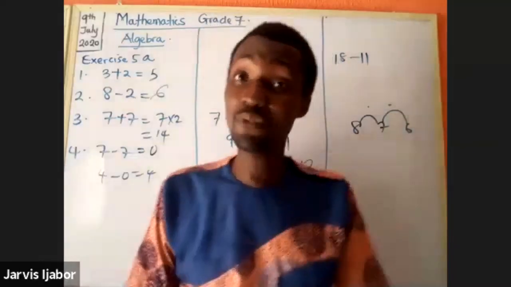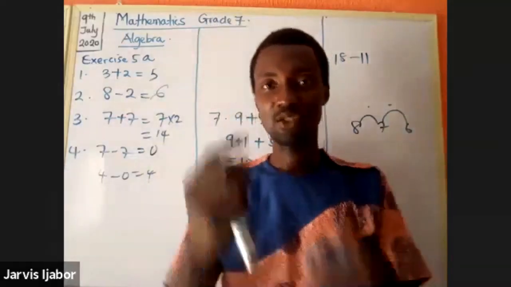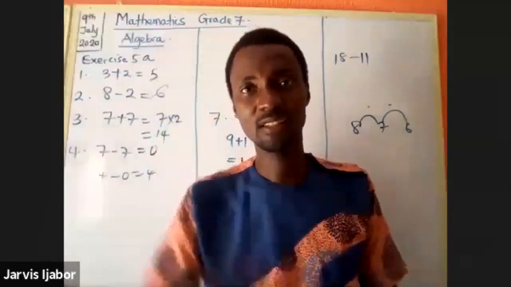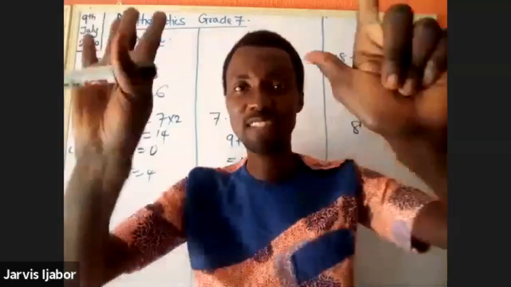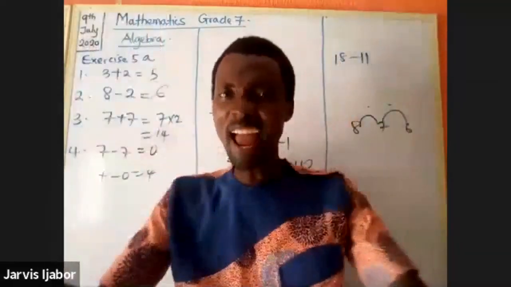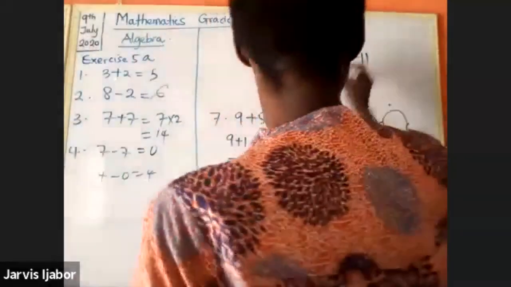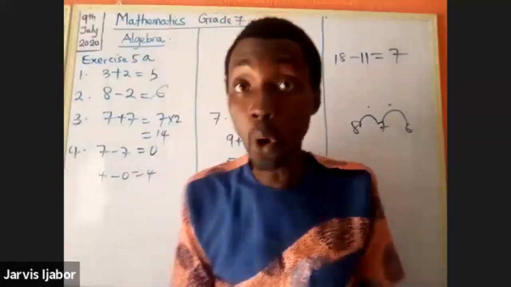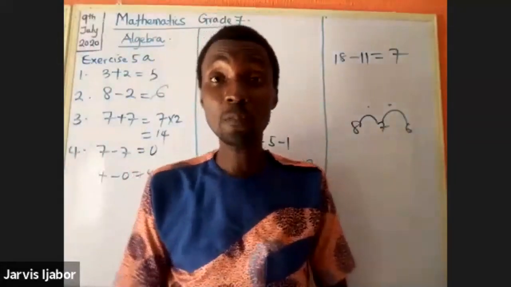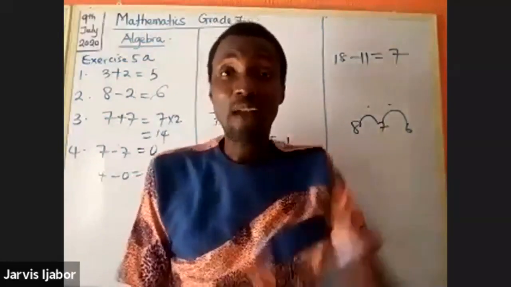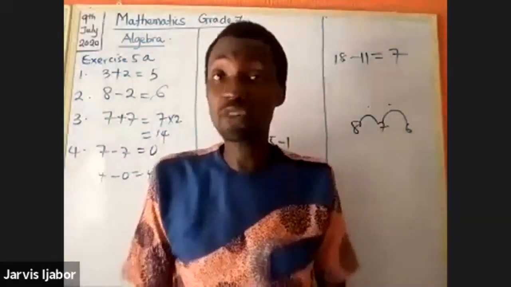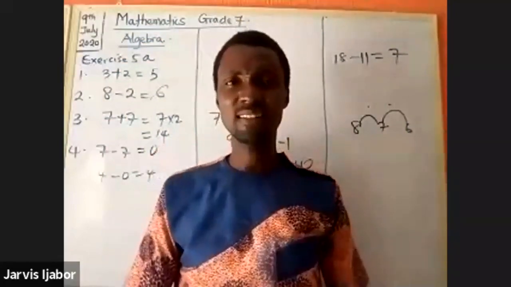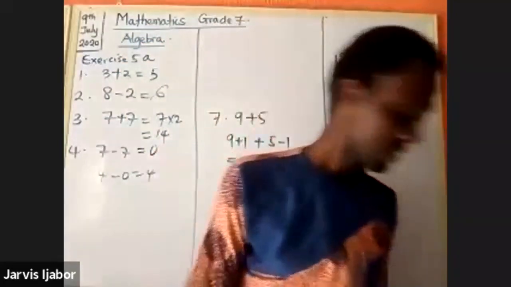I'll start from 11 and move to 18: 12, 13, 14, 15, 16, 17, 18. I made 7 steps. So the steps I have made is the answer. So 18 minus 11 is actually 7. Or I can decide to go from 18 backwards to 11. Or someone else can say, I start from 11, I go to 18. So that's how to handle that one.